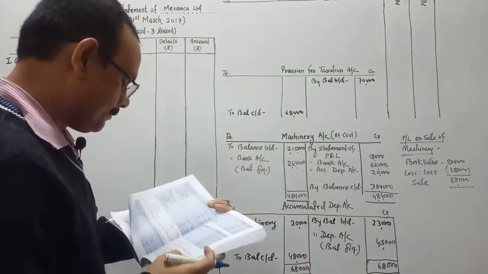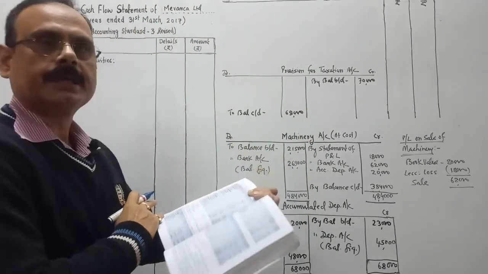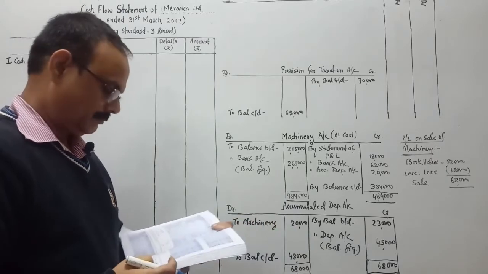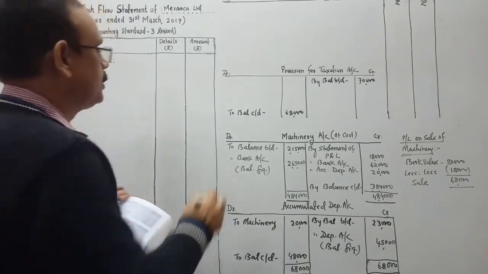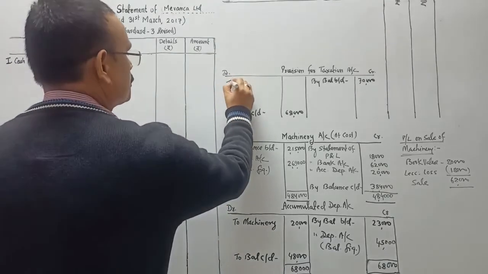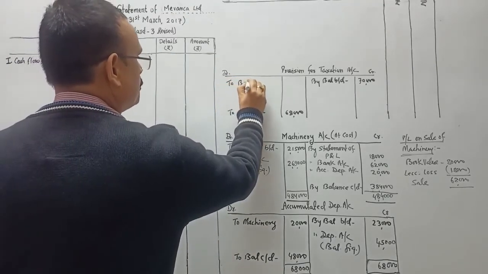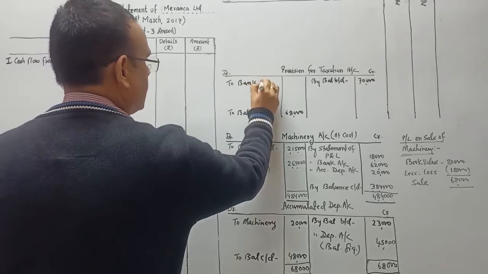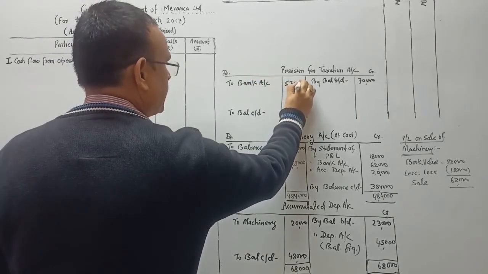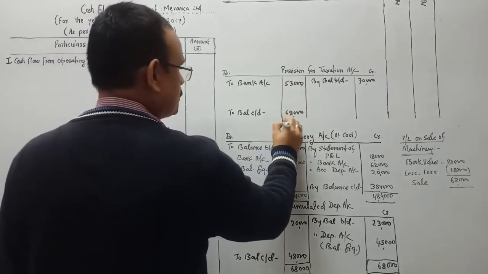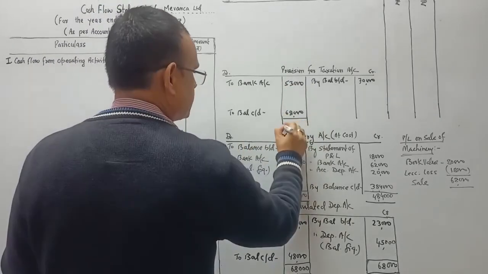Now see additional information number 2. Tax of rupees 53,000 was paid. So we have paid the tax to the bank account. Tax paid is 53,000. This is the payment of tax. So you do the total of this side.